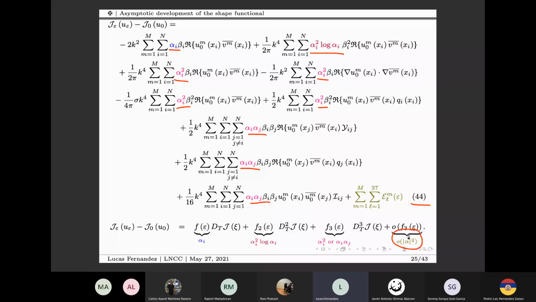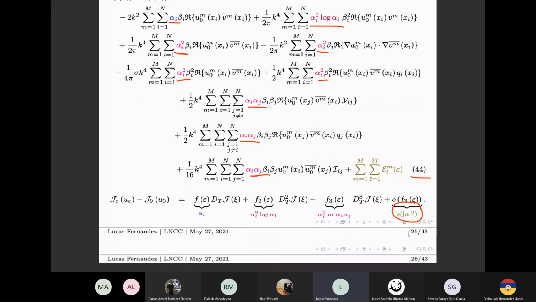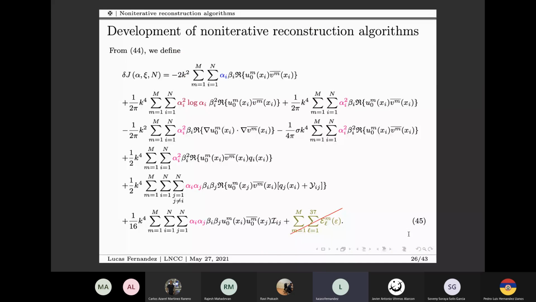So next, we use this asymptotic expansion to devise the reconstruction algorithm. As I told you earlier, we must disregard all the remaining terms, okay? So we do not consider the remaining terms to develop the algorithm.